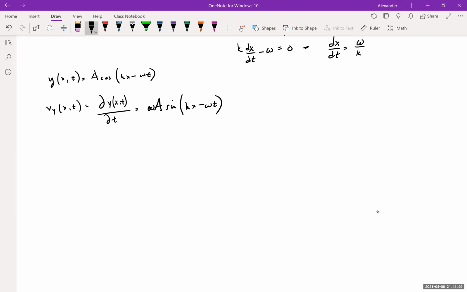If we want to talk about acceleration instead, we take another derivative, but it's got to be a partial derivative. Derivative of sine is cosine, gets us a minus sine and the omega out front.